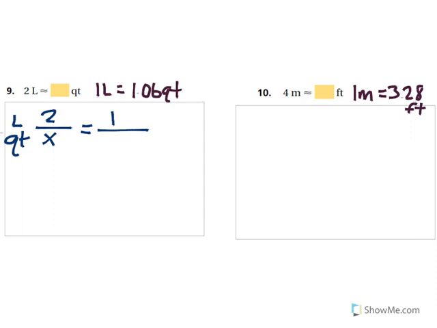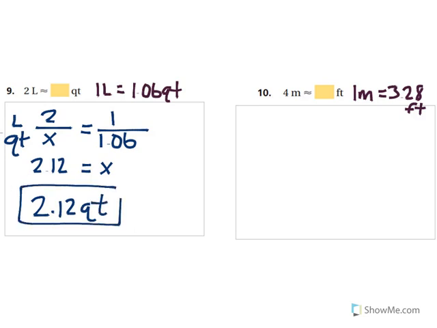I know that 1 liter equals 1.06 quarts. So 1 times x equals x, and 2 times 1.06 equals 2.12. So I know that 2 liters is equal to 2.12 quarts.